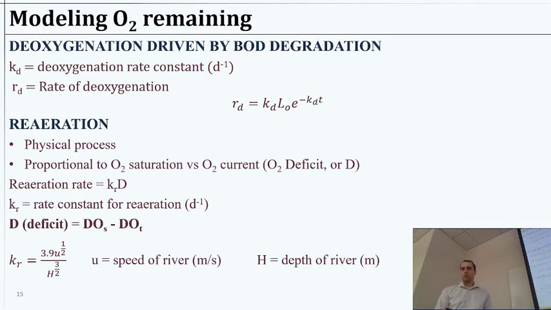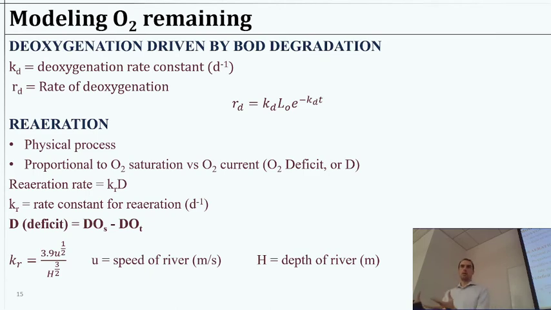Okay, the reaeration. So how do we know how much oxygen is going back into the water? This is a physical process. This is Henry's law. It's an equilibrium process, physical, chemical, kind of on the border of both. If the water is not at saturation, then gas will be flowing into it, exchanging with the water, and dissolving into the water based on that gradient, right?